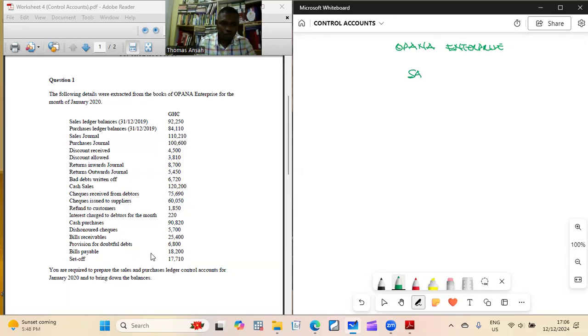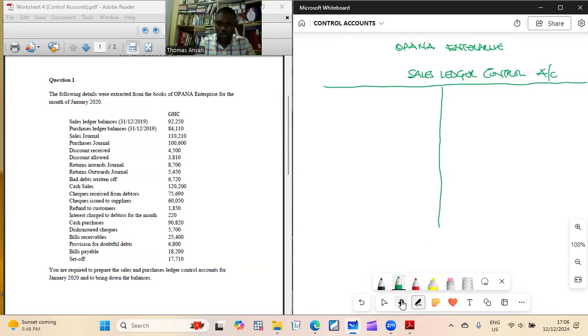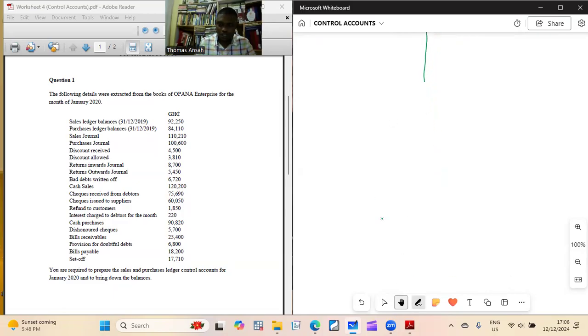So you are here to prepare the sales ledger control account. Then at the same time, so you don't hasten, you just do at the same time the purchases ledger control account. So you do the two concurrently.